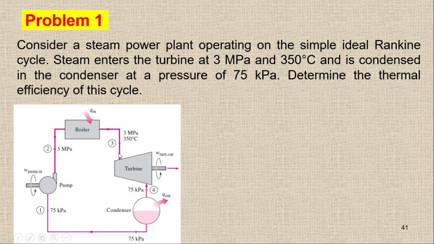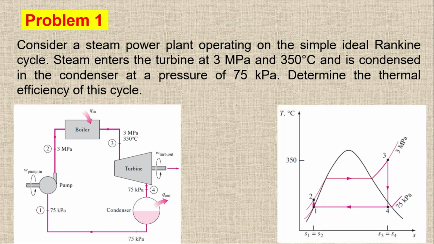This process is isentropic, because the entropy remains constant. So S3 is equal to S4, and then we have the 75 kilopascal. With the help of S4, first we will check the state at point number 4, and then we will find the value of enthalpy at point number 4.